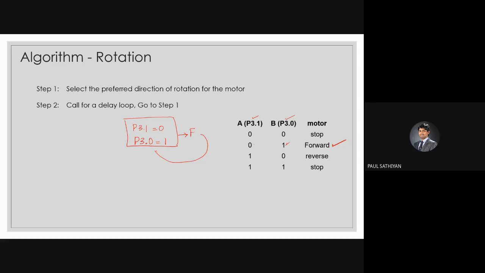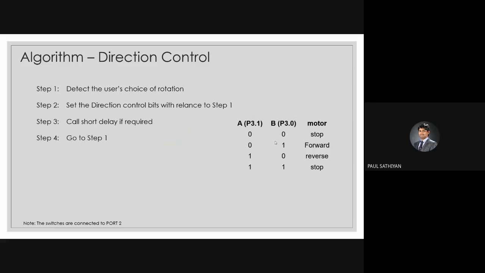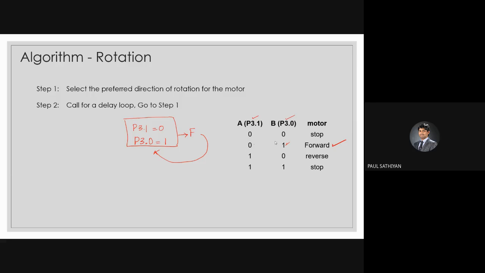And again I have to repeat giving this value to the output port. When I keep on doing this, the motor will keep rotating in one direction. Okay, so we'll see this particular exercise now, before I give you the actual task for this day.